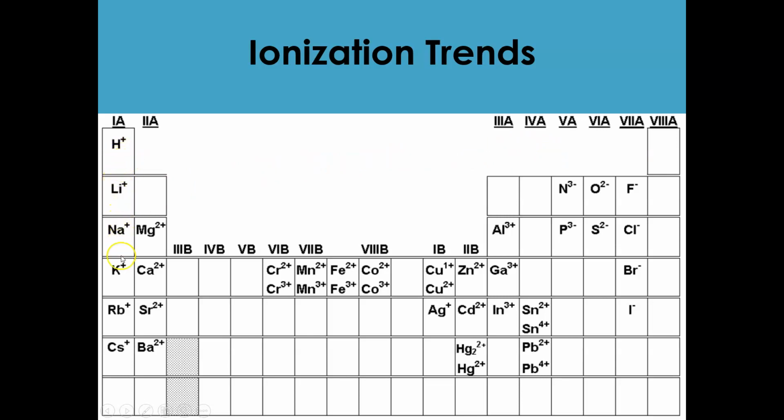So all these alkali metals, because their atomic number is 1 more than the previous noble gas, are all going to lose 1 electron to be like the previous noble gas, and therefore they're going to have a charge of +1.